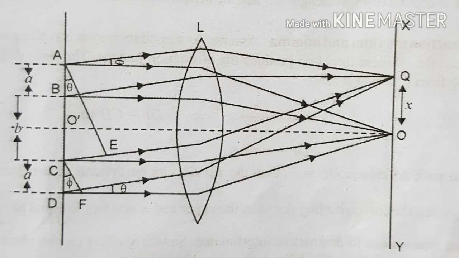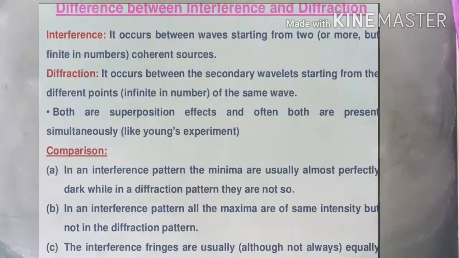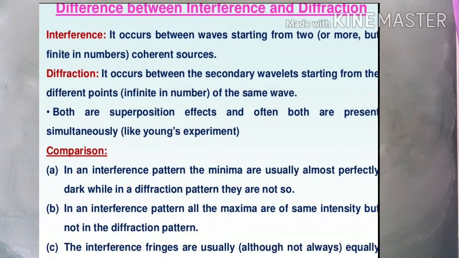Now there are two slits placed in front of a source of light, and we know that if two slits are placed in front of a source of light, these two slits behave like coherent sources. So here an interference fringe pattern is also observed because slits S1 and S2 behave as two coherent sources.